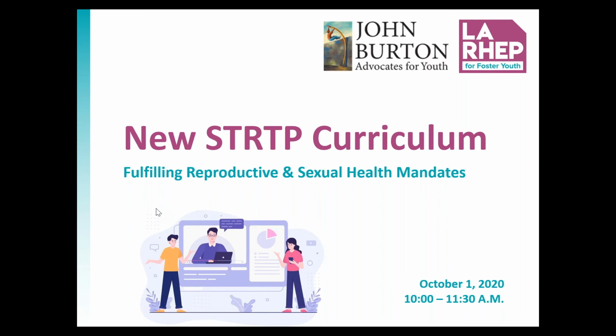Some of you may have joined us at the beginning of the month for a webinar where we debuted a guide for STRTPs on this topic. That was a publication, a tool to refer to. And then today we're going to talk about training tools based on a curriculum developed by RHEP.